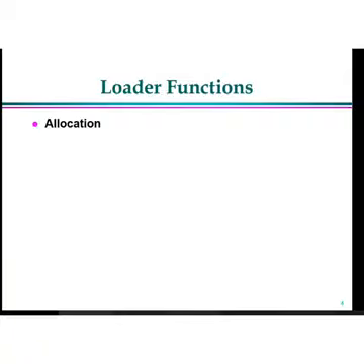So the very first function performed by your loader is allocation. It will scan all the free blocks in memory and compare their size with your input program size, like the object code. And if it is satisfying, we will allocate that block to the particular program. So allocation is the first step performed by your loader, allocating space to the program in the main memory.